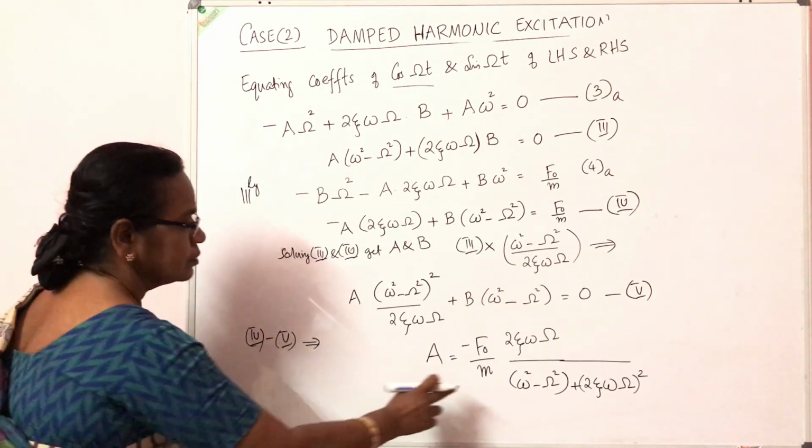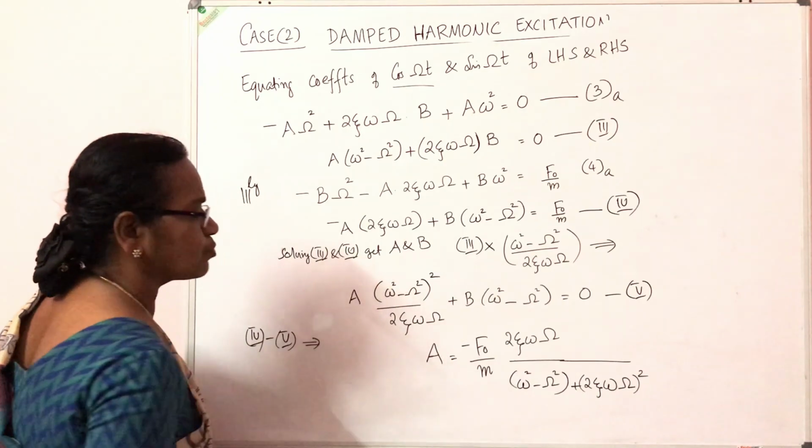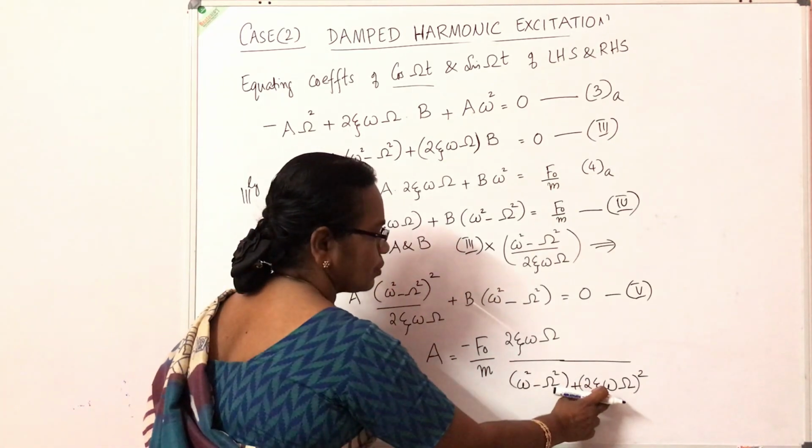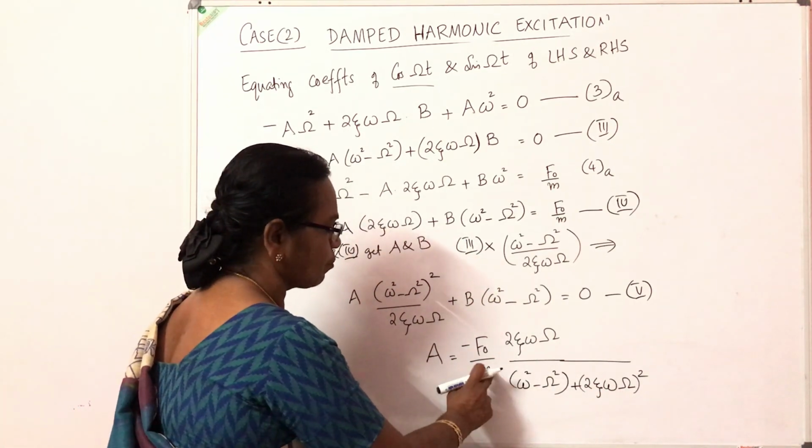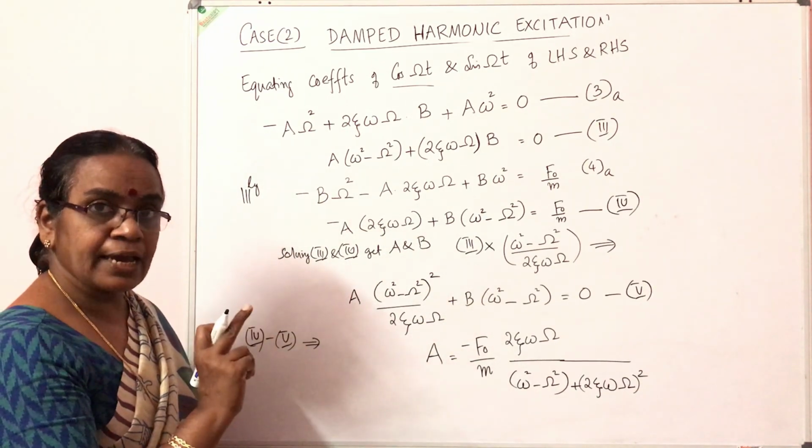Now we know here omega square, taking omega square outside. Here also omega square is there. Taking omega square outside, M omega square will become K, stiffness.